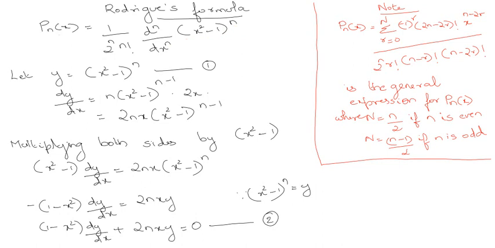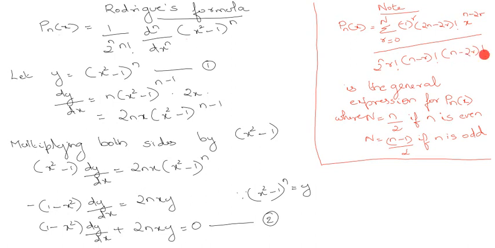Before going into the proof of Rodrigues' formula, let us take care of the general expression for Pn(x), which is sigma r is equal to 0 to N, (minus 1) raised to r into (2n minus 2r) factorial x raised to (n minus 2r) divided by 2 raised to n into r factorial into (n minus r) factorial into (n minus 2r) factorial.